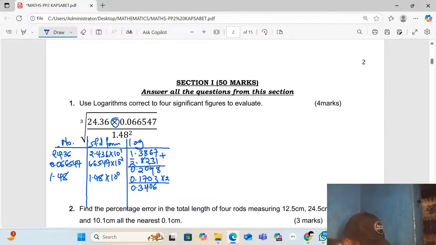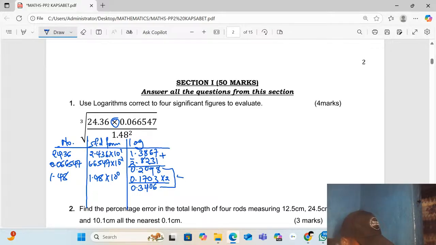So this is the answer for the denominator, and the numerator is 0.2098. So due to the division sign, we subtract these two.